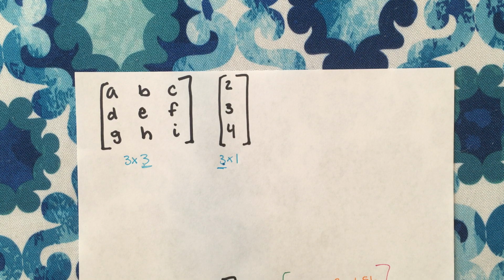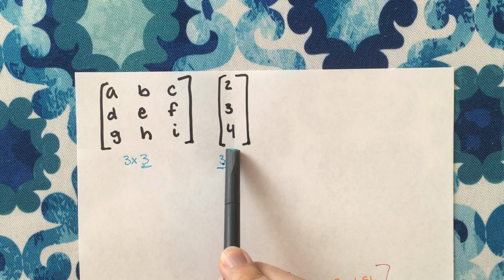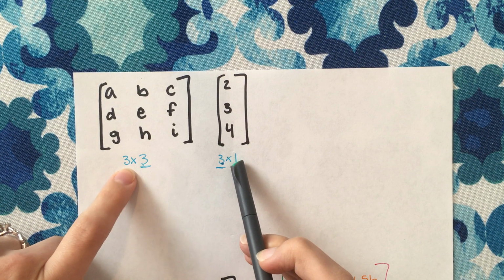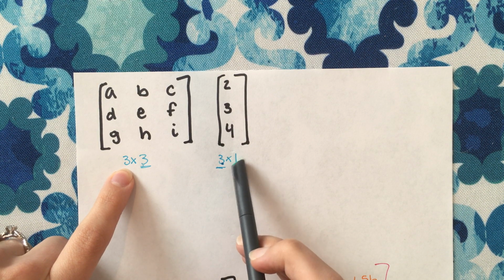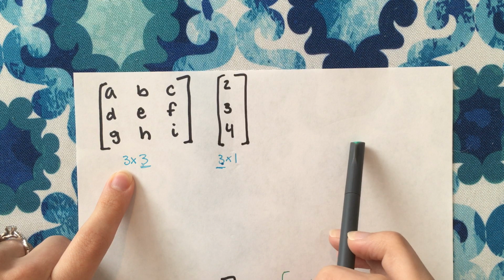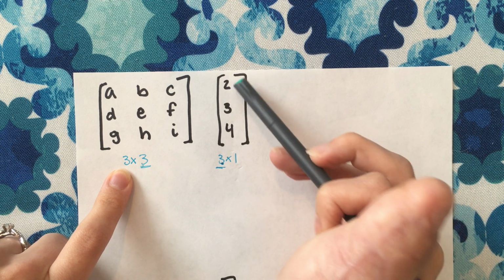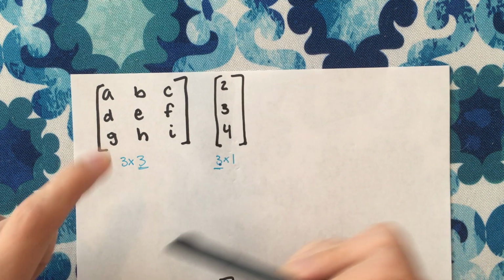So when we multiply these, we're going to do row by column again, but we only have 1 column. And remember, these two outside dimensions are going to give us the dimensions of our new matrix. So it's going to be 3 rows by 1 column, so it'll be similar to this.